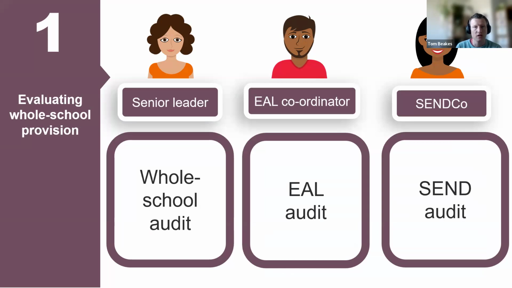One of them is aimed at senior leadership to complete, one of them for the EAL lead or coordinator, and one of them for the special educational needs coordinator or the equivalent role in your school. Of course, if you work in a small school, it may be that some of these roles are combined.